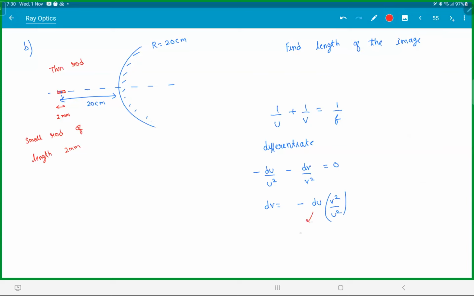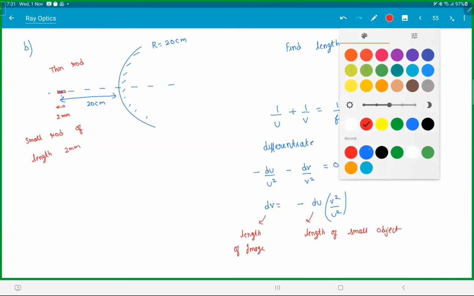This du is the small length of the object, isn't it? The small change. This is the length of that object. Again, you can use this only for a small object because you use differentials for small things. Then this will automatically become the length of the small image. Don't use this formula for the previous case.